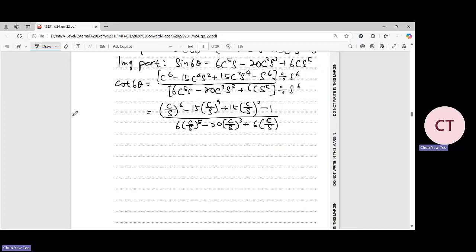Now we know that c over s is cotangent theta. Just highlight that c over s is equal to cotangent theta.